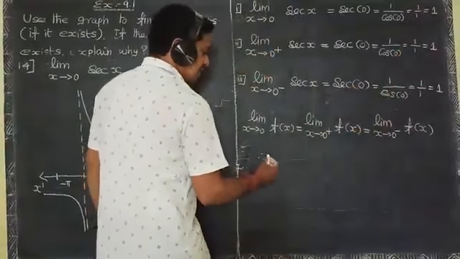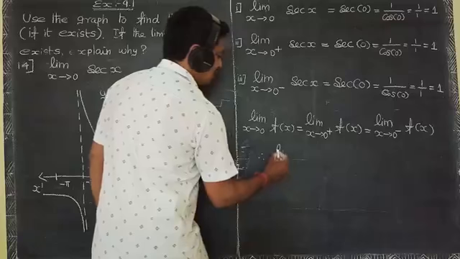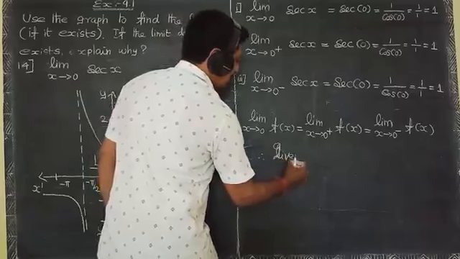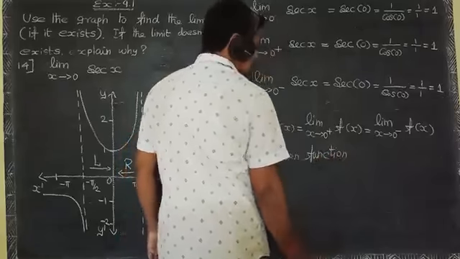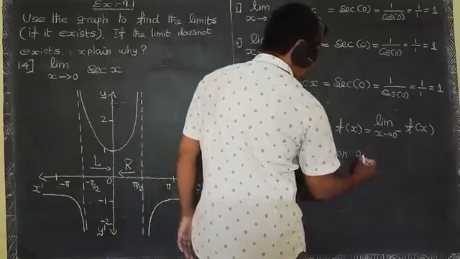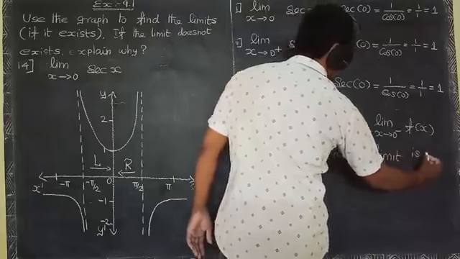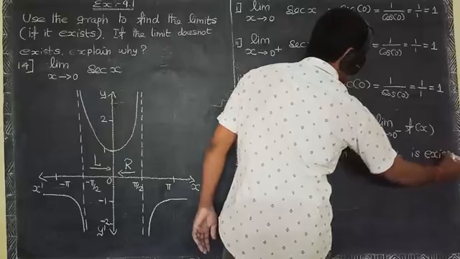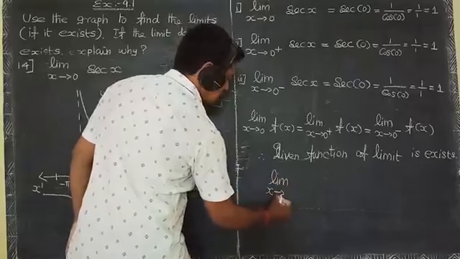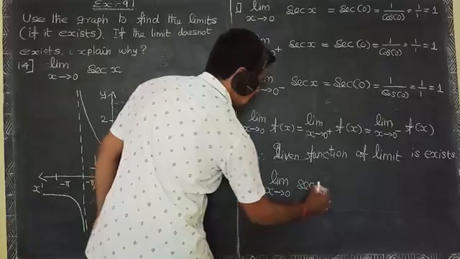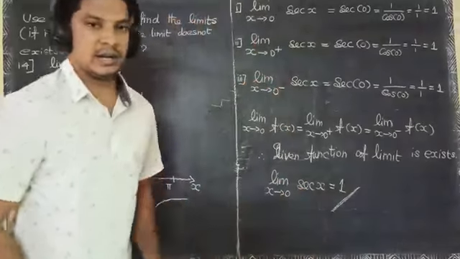Therefore the given function has a limit. The limit exists. Therefore the limit as x approaches 0 of secant x is equal to 1.